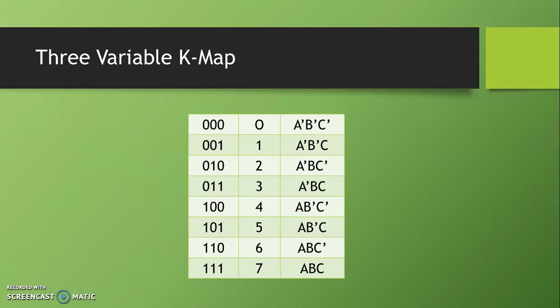If we write the decimal equivalent, then we can write 0, 1, 2, 3, 4, 5, 6 and 7. Same rule applies for a product term. 0 means complemented, 1 means uncomplemented. So for 0 0 0 it is A bar, B bar and C bar, and similarly when we go up to 1 1 1 we have A, B and C.